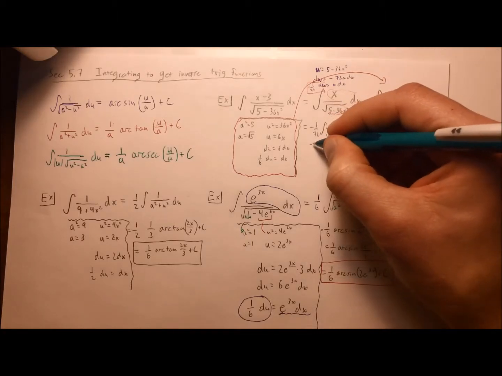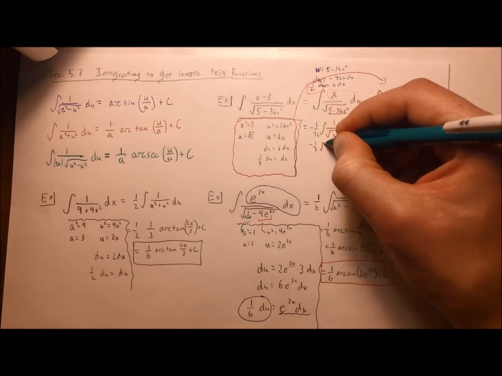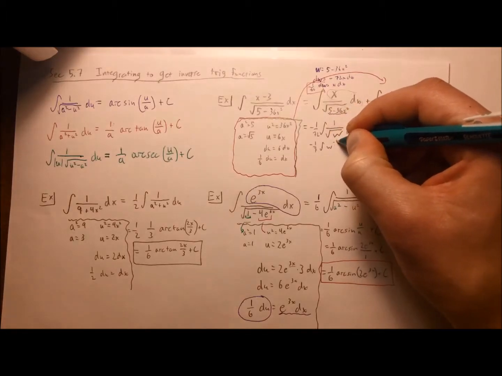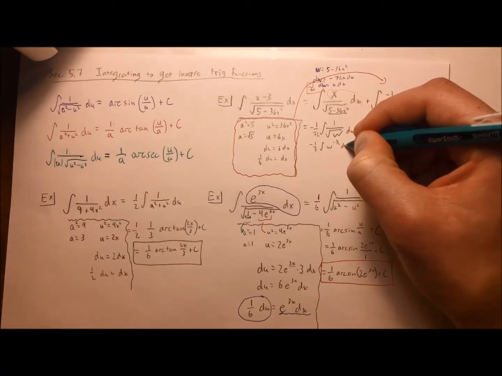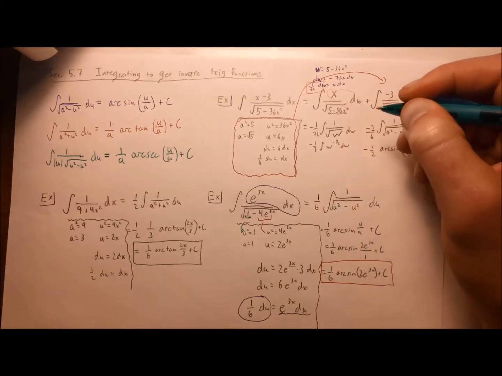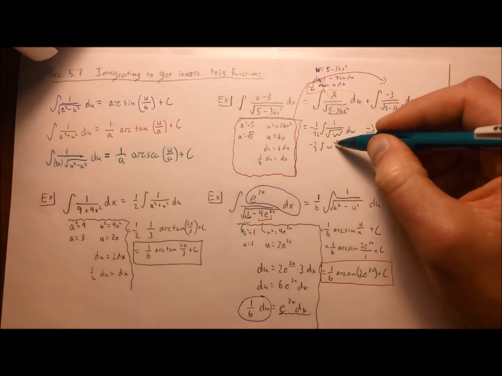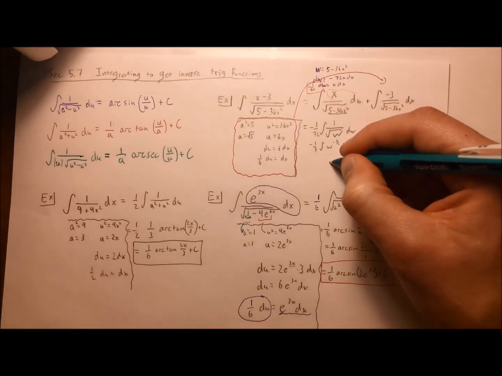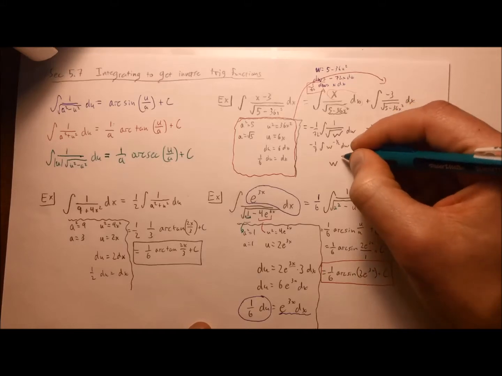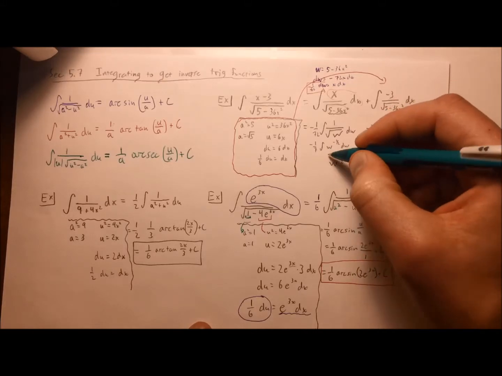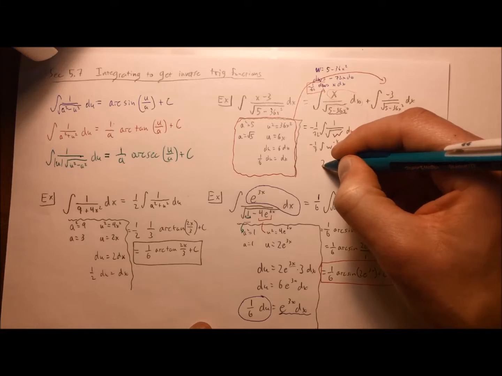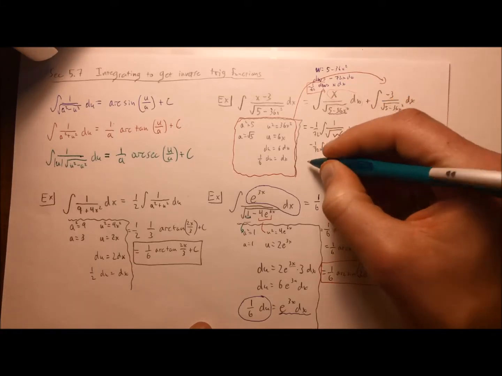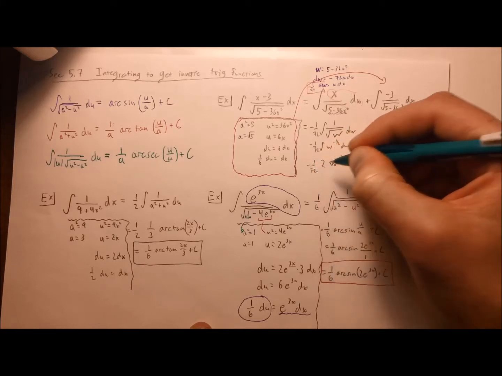Rewriting this, negative 1 over 72 times the integral of w to the negative 1/2. So, just using the power rule, this is going to become w to the 1/2, times 1 over 1/2, or just 2. We still got the negative 1 over 72 out front.